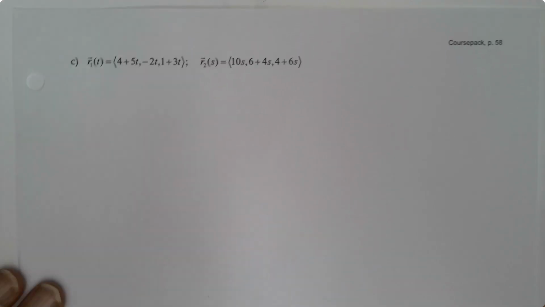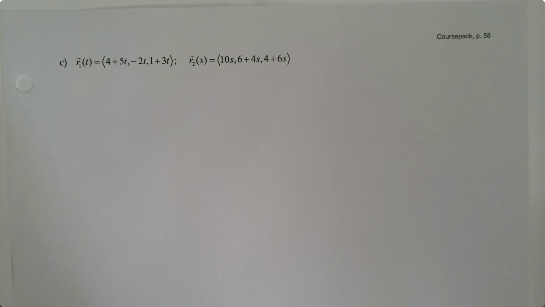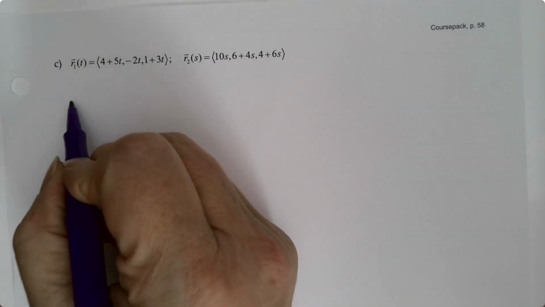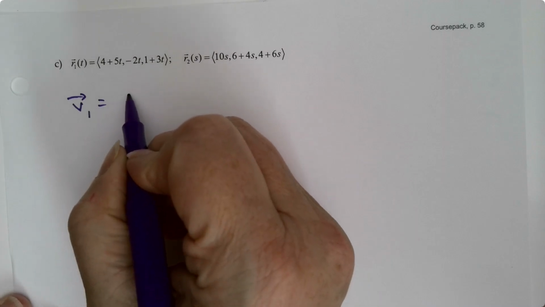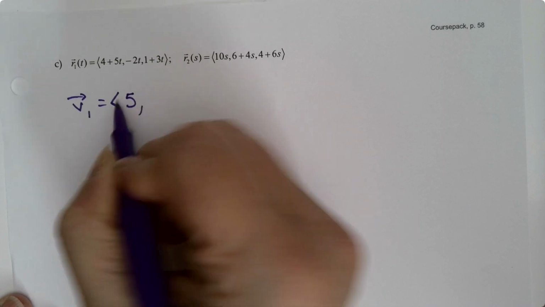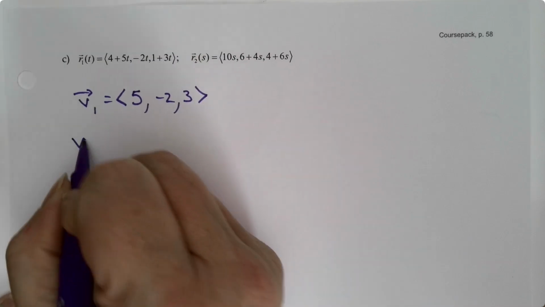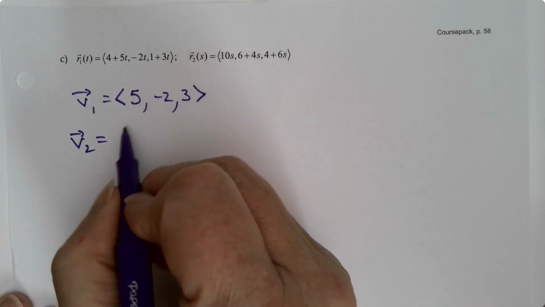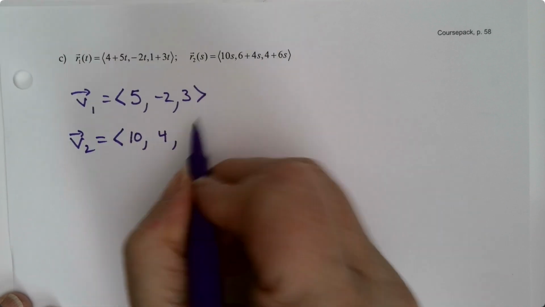Okay, so let's do the last example. All right, again, we have to come up with our direction vectors. So if I look here, direction vector 1 is 5, -2, 3. Direction vector 2 is 10, 4, 6.